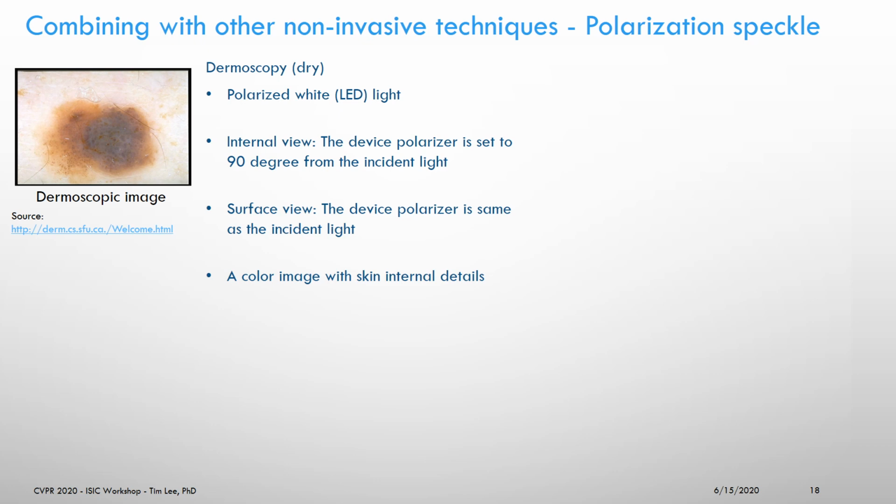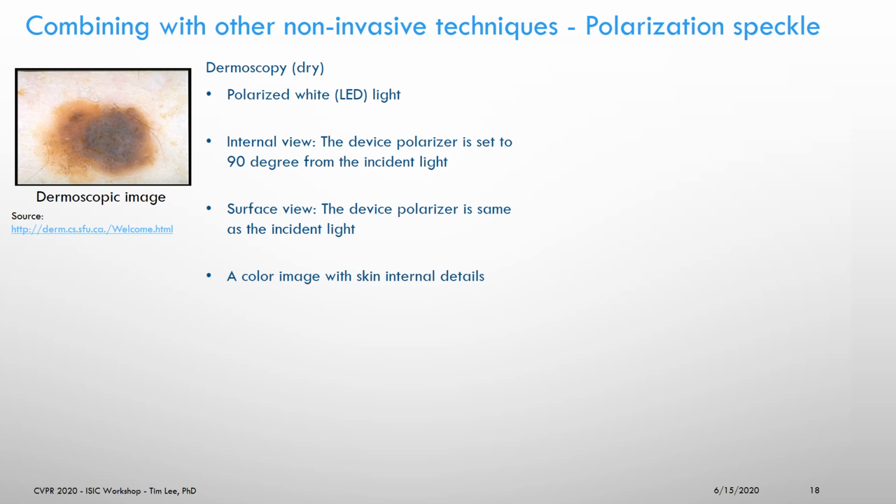Well, dermoscopy, particularly dry dermoscopy, uses the polarization principle. The light source of a dry dermoscope is a polarized white light, usually generated by an LED light. The dermoscope has a polarized filter. When the filter is set to 90 degrees from the incident light, we will see the internal view, similar to the idea of removing glare from a windshield.